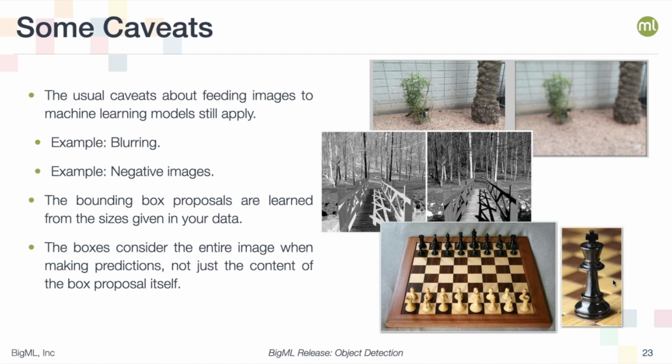It's because the algorithm thinks that black kings are very small, because the only black kings it's ever seen are very small relative to the board. If you pass it one that's very large relative to the board, this is not the sort of black king that the algorithm has ever seen before. And so, of course, it's not going to decide to label this thing a black king. Again, the way to fix this is to just feed that sort of data to the algorithm. So if you expect to see chess pieces both from far away, so that you're viewing the entire board, and also from close up, you need to feed the algorithm examples of the image with the chess piece imaged more close up.